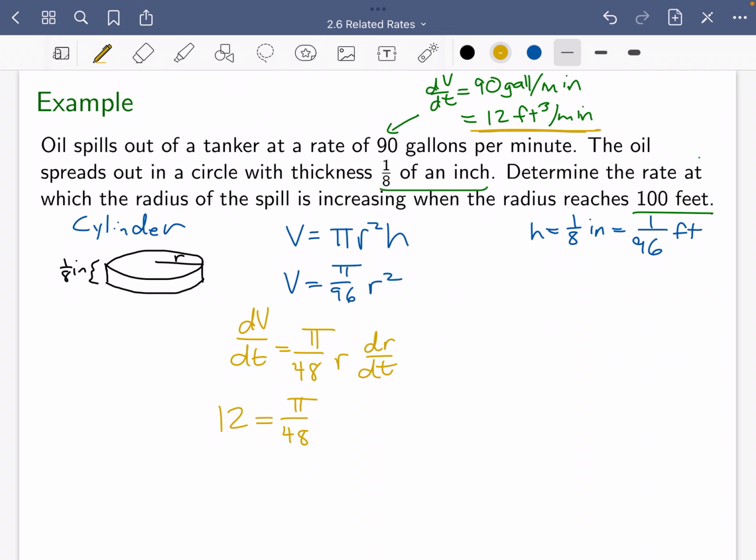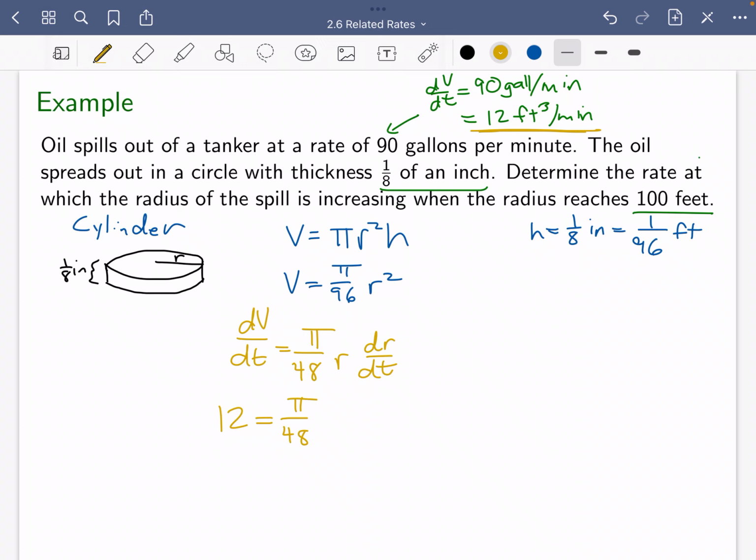So is the volume increasing or decreasing? Well, it's spilling out of the tanker, but we're thinking about the spread of the oil. And so that volume of the oil that's outside of the container is increasing. It's getting larger. So it's positive 12.